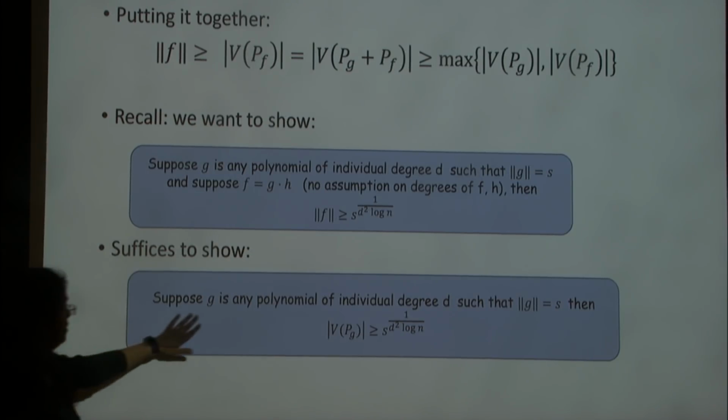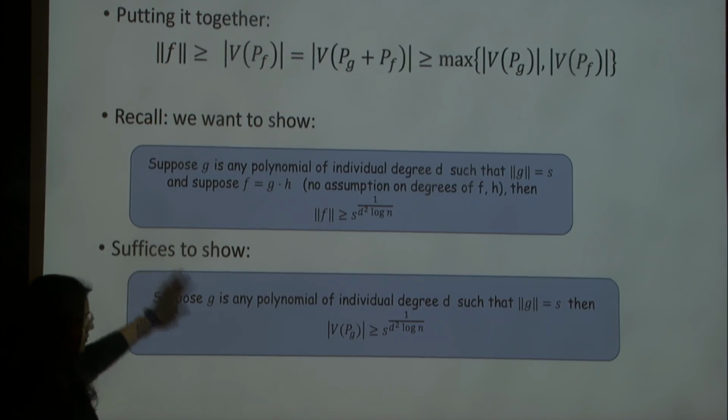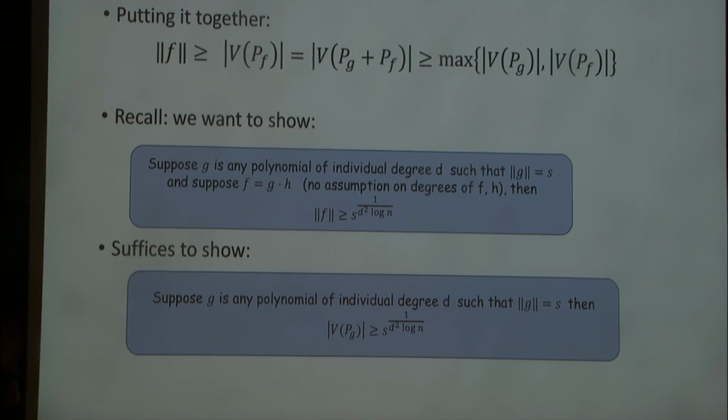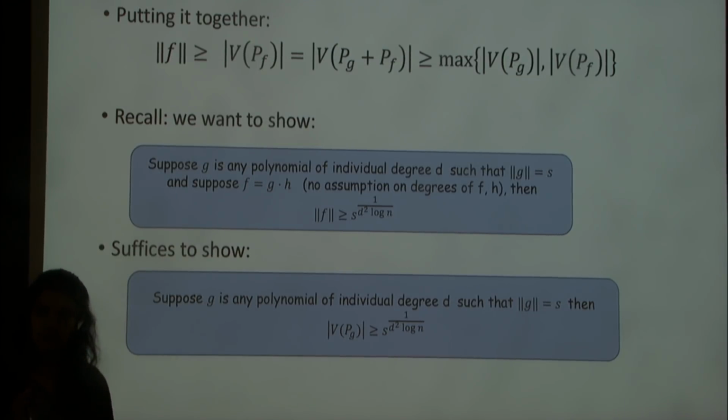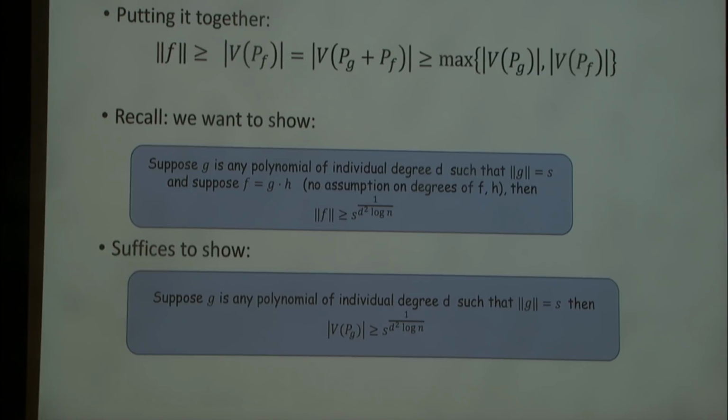So our entire sparsity bound has been reduced via this convex geometry to showing this statement: if g is a polynomial of individual degree d and g has s monomials, then the number of corner points of the Newton polytope of g is large.